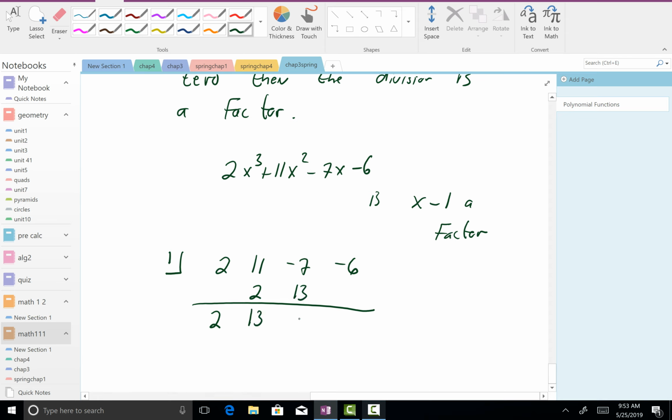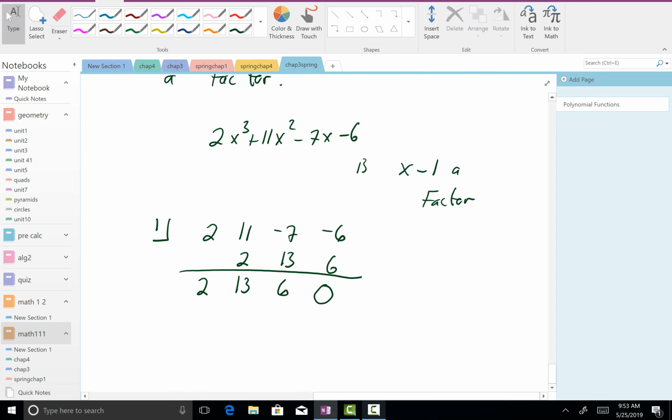Okay, what does that mean? That means I can rewrite that as x minus 1 times 2x squared plus 13x plus 6. So this is just this guy factored, okay? That's what it is.